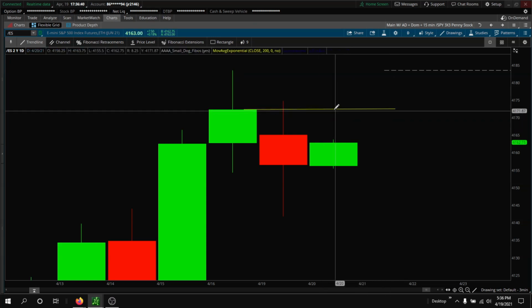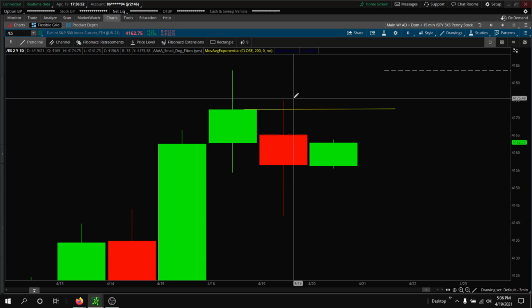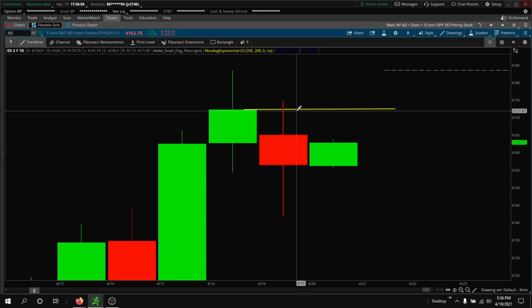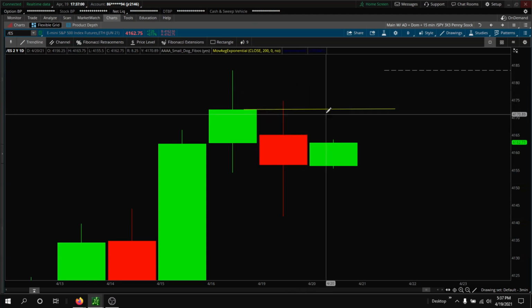72.50. So let's say you enter at 72. You know your stop is right above this high, and we'll give it 2 ticks above that high, which would be 75.50. 3 ticks, we'll give it 75.50, 2, 3, 4, 5. So you're risking 3.5 points.